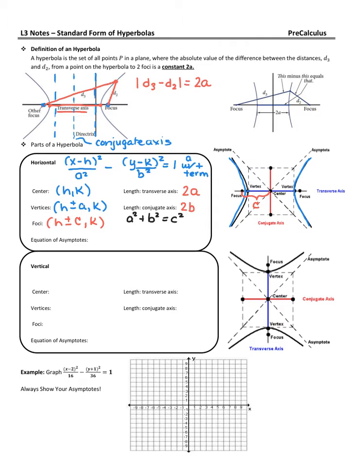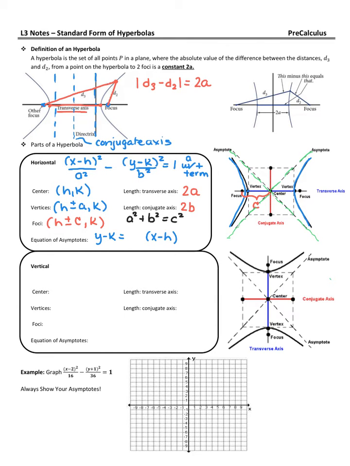Now, something that the hyperbola has that the ellipses don't, and it helps us draw it, is two asymptotes that cross through the center, and they have an equation. They help determine how wide or how narrow your graph is going to be. The equation of those asymptotes is pretty easy. You start off y minus k, and on this side we'll have x minus h.